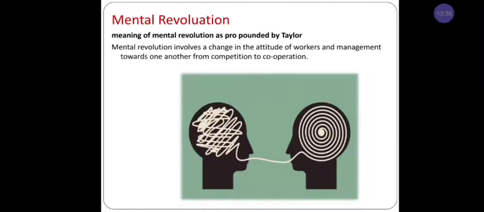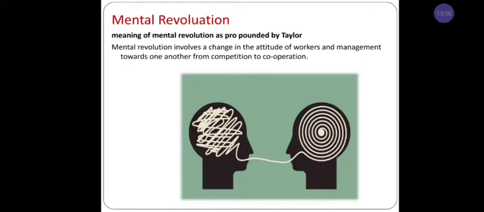That means if the two, the manager and the worker, don't have understanding, it leads to less profit or less productivity. This mental revolution tells us that both are important to the organization, and they should understand each other.